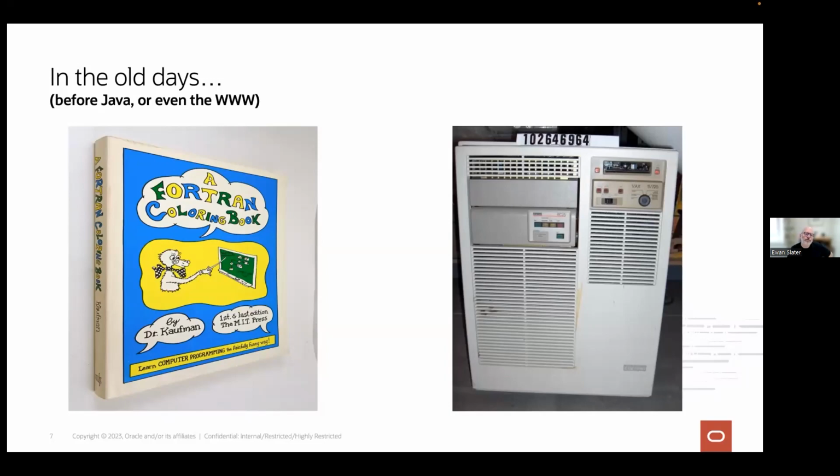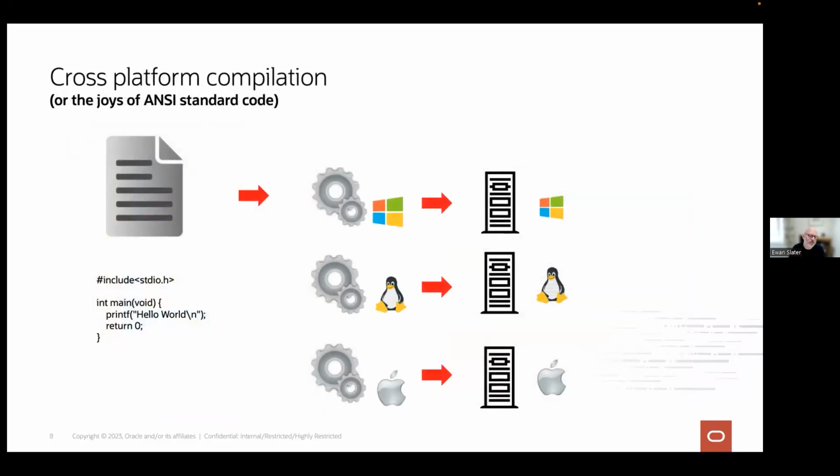And if you wanted a program to run on multiple platforms, you had to do cross-platform compilation. You had to write your code, and then you had to compile it to run on each of the different target platforms separately.